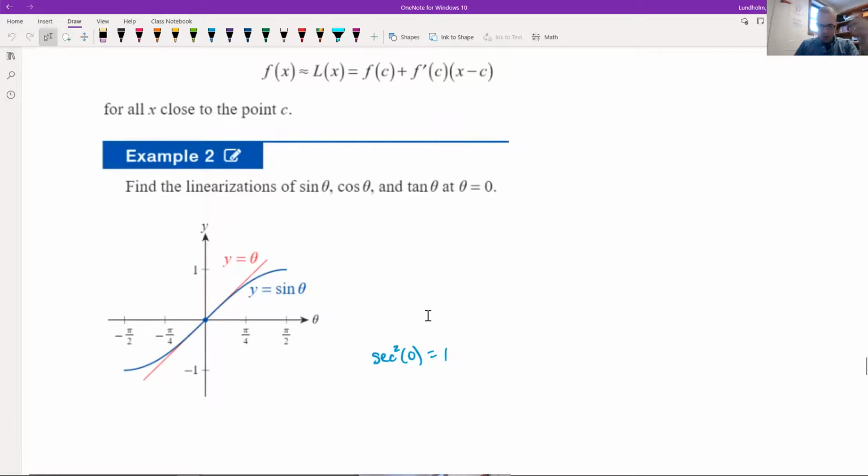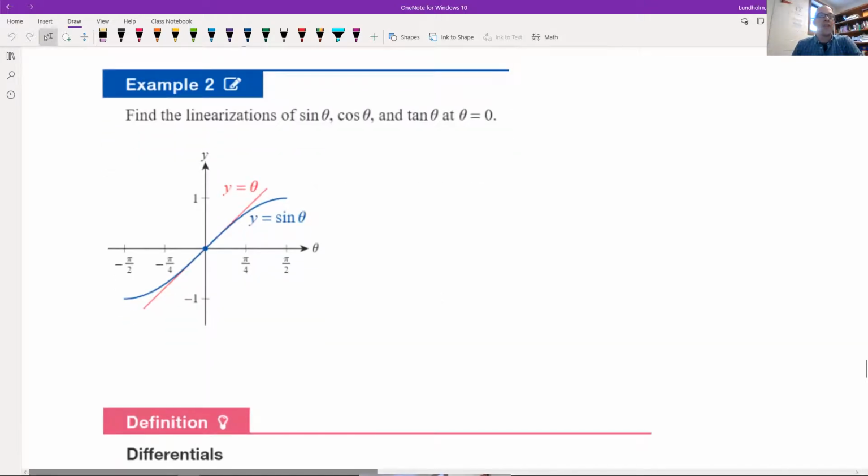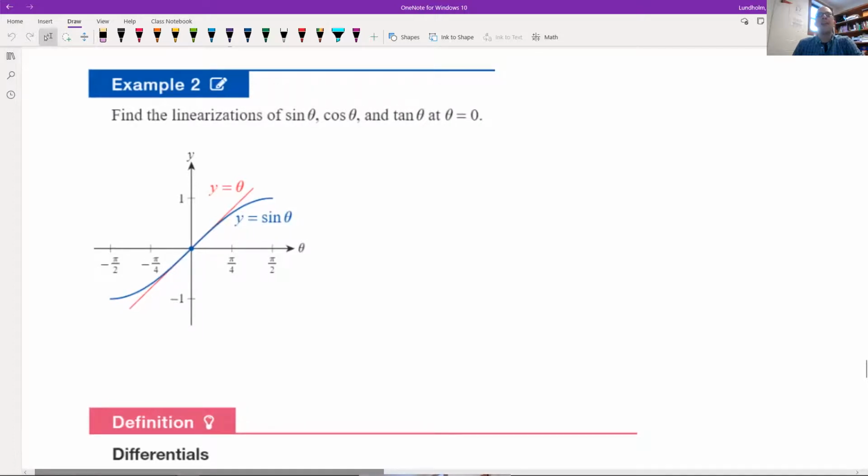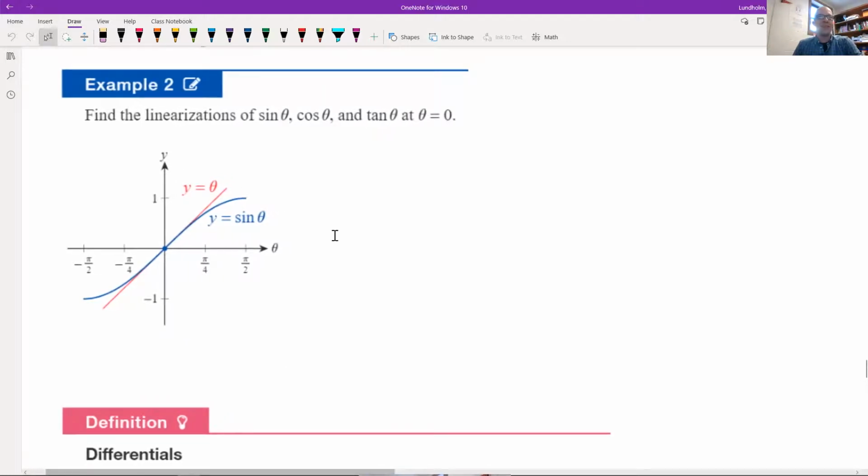Example number 2, good grief. Secant squared did not get erased. All right, here we go. Example 2 is just finding the linearizations of sine, cosine, and tangent at z equals 0. You know what?